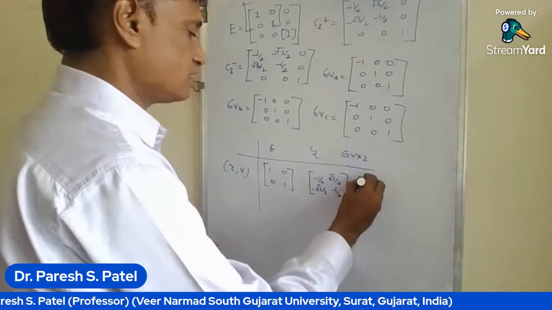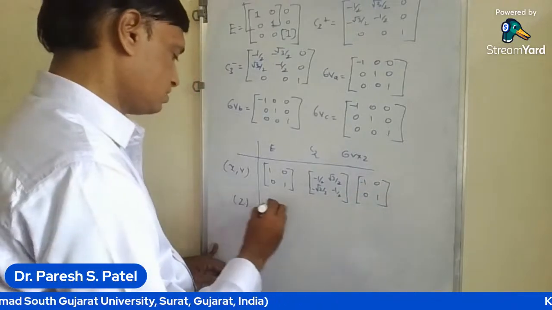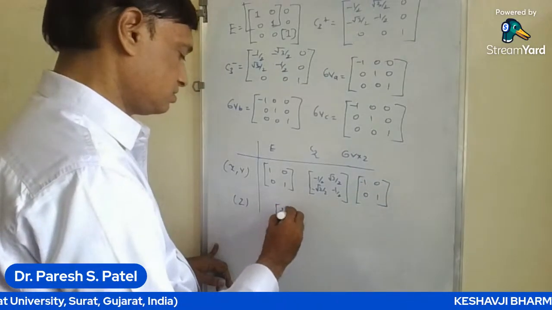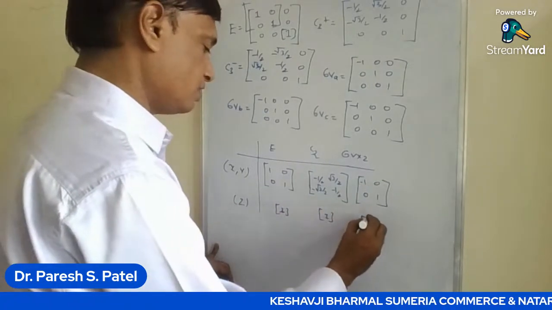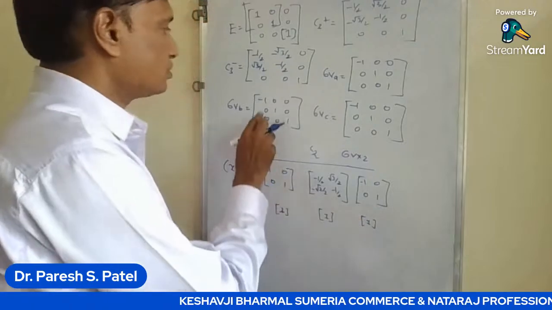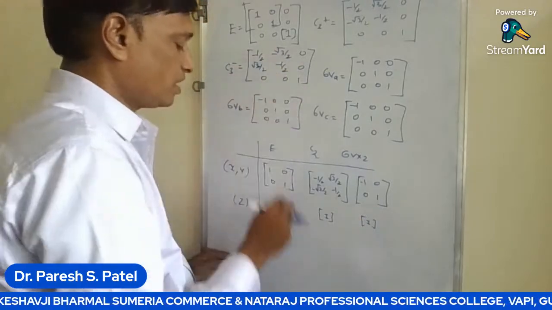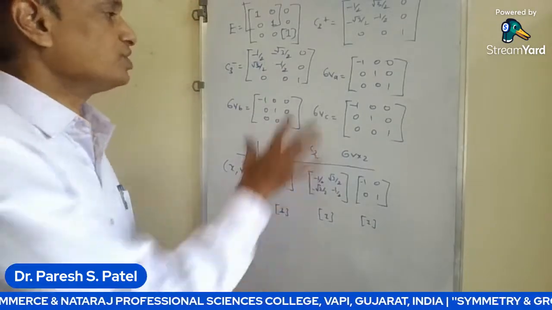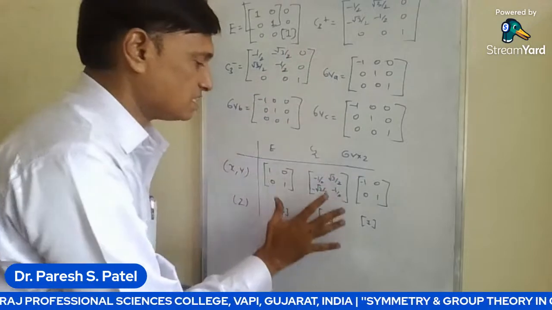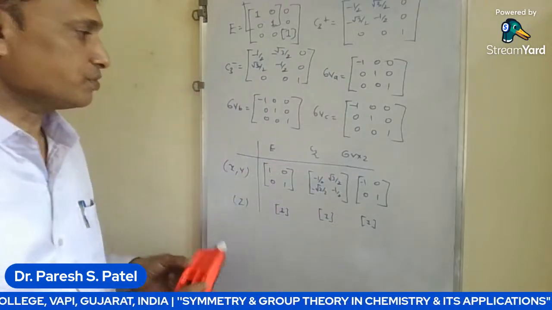Similarly, sigma V: -1 0 0 1, and for z: 1, 1, and 1. We can also take this one. Why? The character of -1/2 is equal to -1. Anyhow, these are the reducible representations and these are the irreducible representations for the ammonia molecule.